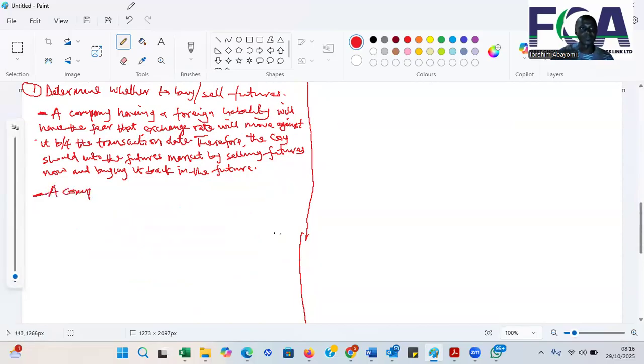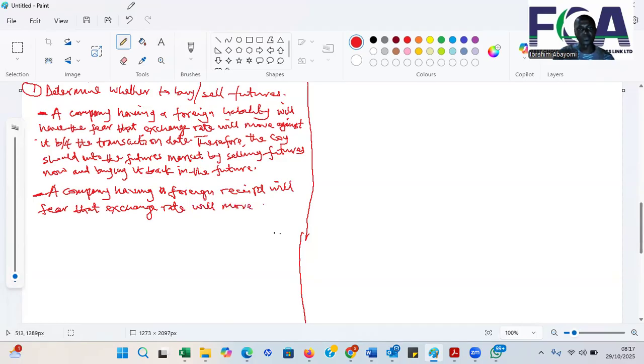A company having a foreign receipt will fear that exchange rates will move against it if the local currency appreciates.